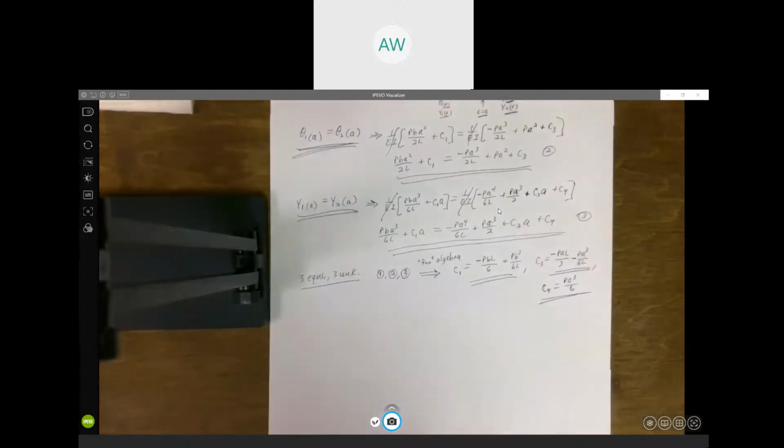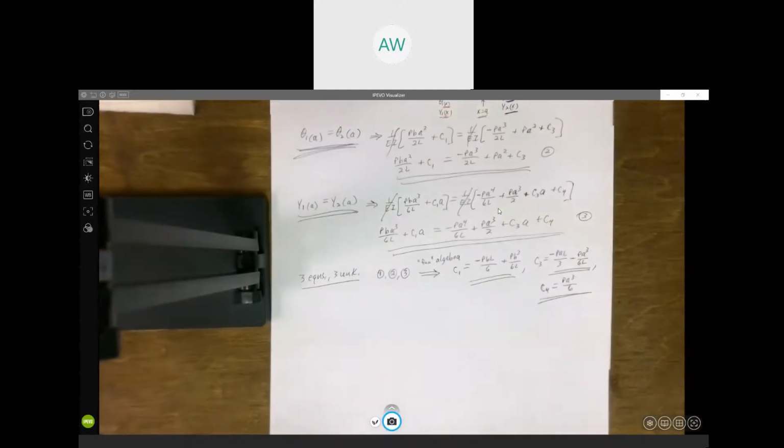And to ease some of your anxiety at this point, thinking, oh my goodness, if next Tuesday we have a problem like this where I've got to take those three equations and solve for three unknowns, don't worry, I would not give you a problem where you would have to go through that messy algebra. You're going to have an hour and a half to do the test.